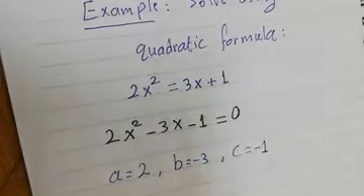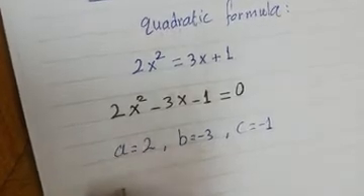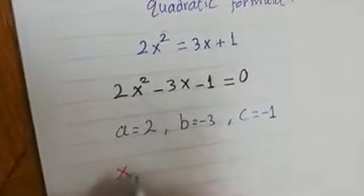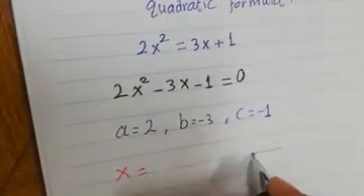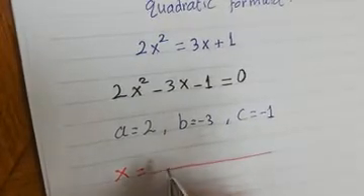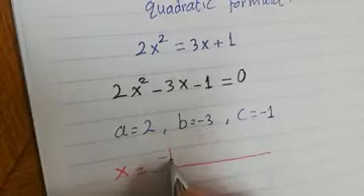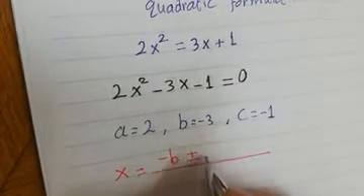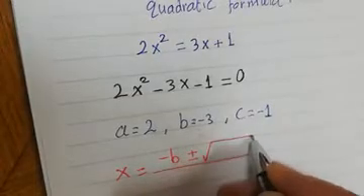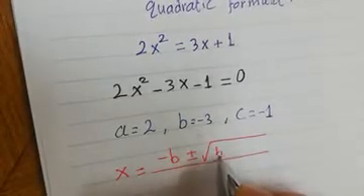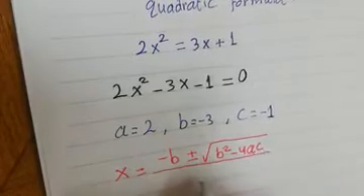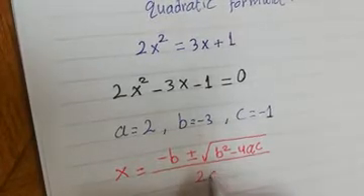Okay, I will apply the formula now. X equal, and I told you you have to memorize this formula, negative b plus minus the square root of b squared minus 4ac divided by 2a.